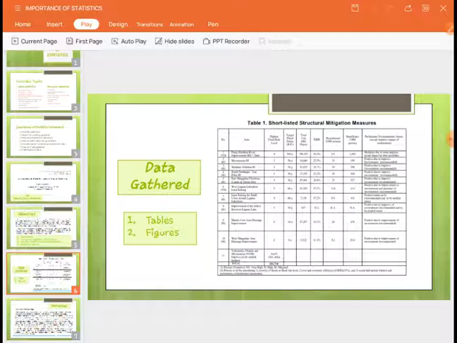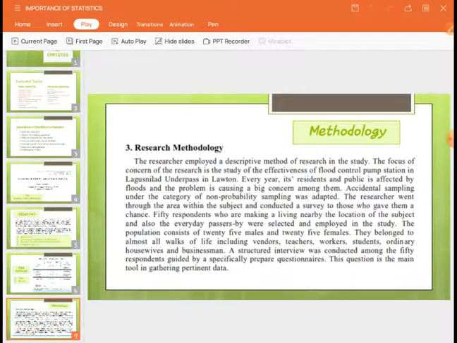Kasi iba naman yung research before, iba naman yung research ngayon. So, using data gathering, naglalagay tayo ng tables and figures. So as you can see on that slide, kapag meron tayong table, yung name niya at saka yung table number is always on the upper part of the table, while the figure's is on the lower part of the figure.